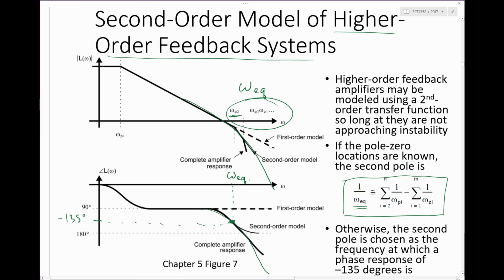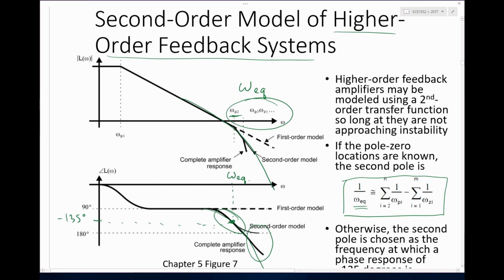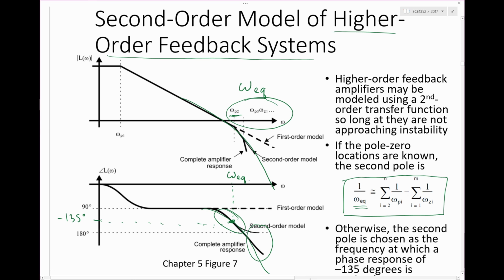Now my second order model will have a phase shift of minus 135 at exactly the same frequency as the actual amplifier, and around there, I'll be pretty close. Up here, I'll have a very different phase response, but I probably don't care very much what goes on up there because by then L is really, really tiny. So the loop's basically open.